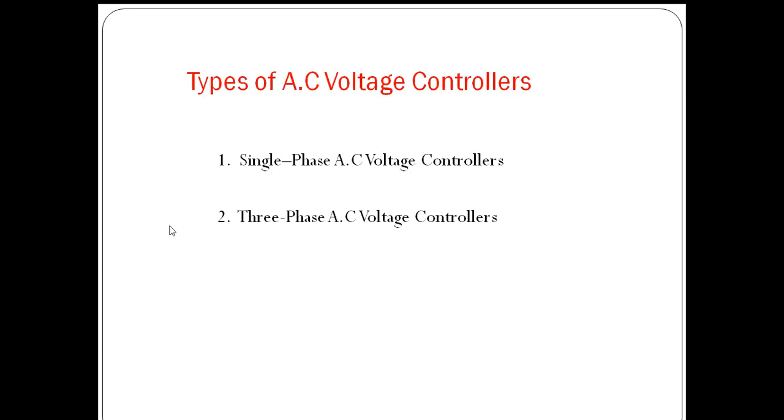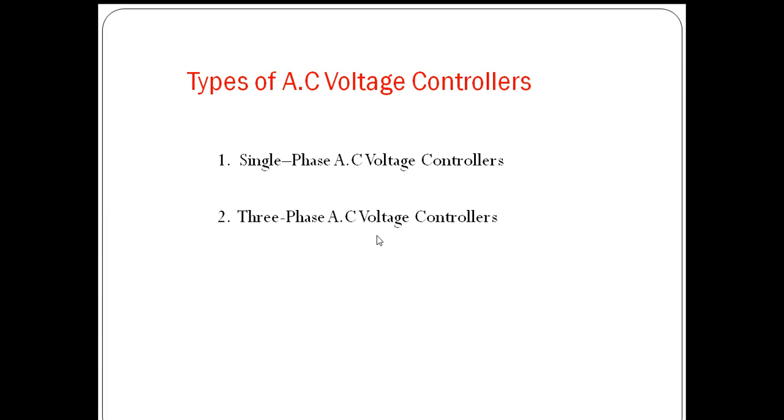Types of AC voltage controllers. Mainly, depending on the number of phases we are operating, AC voltage controllers are classified as single phase AC voltage controllers and three phase AC voltage controllers. If we give single phase input, we call it a single phase AC voltage controller.